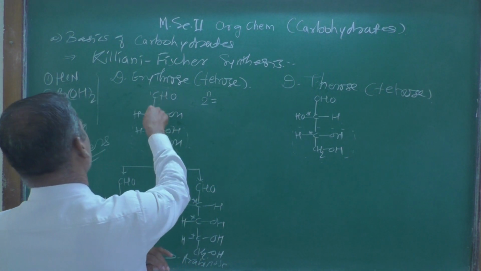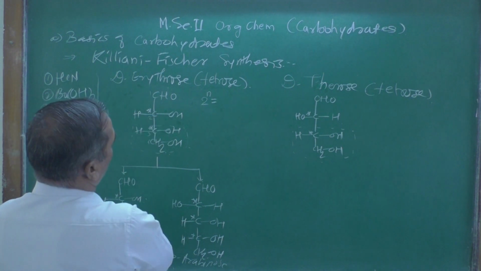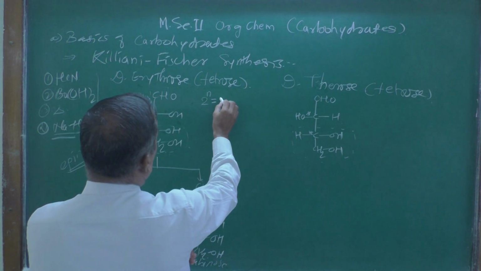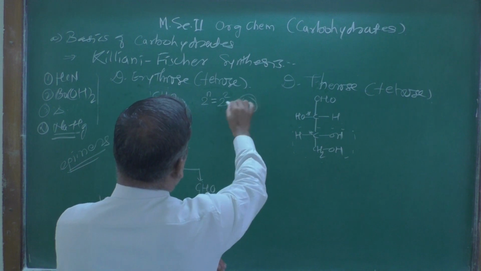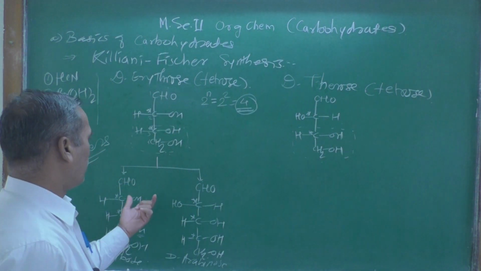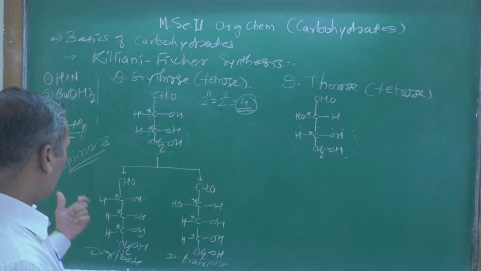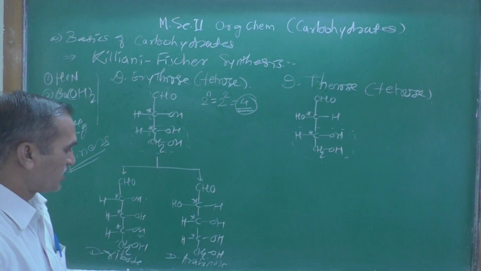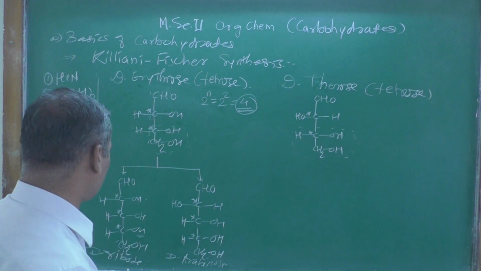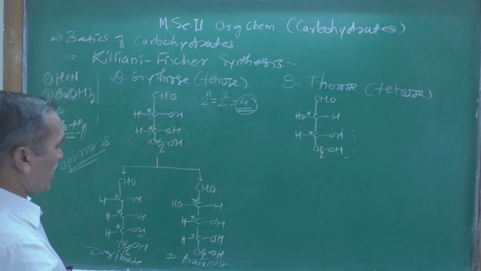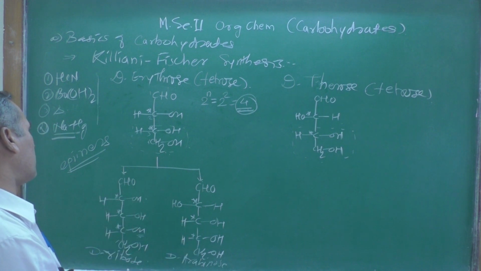So look here, in erythrose there are 2 chiral centers. If you substitute, 2 raised to 2 is equal to 4, so 4 isomers you are going to get. Here we got 2: one is ribose and the other is D-arabinose. These are the 2 isomers which we got, and they are epimers of each other.